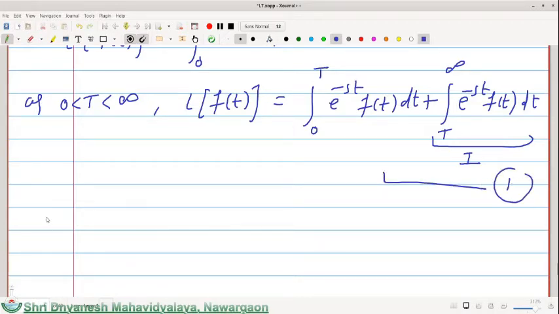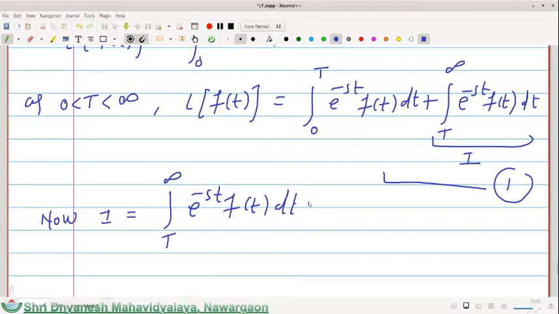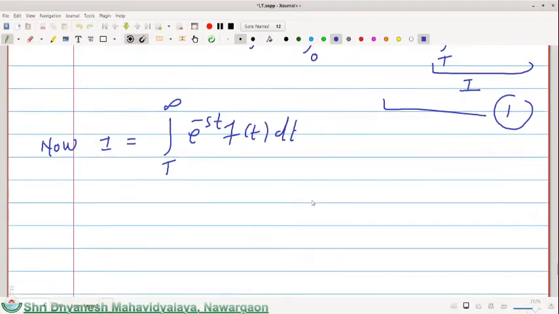Now I is equal to integration from T to infinity e to the power minus st f of t dt. Here we put t is equal to x plus T, which implies dt is equal to dx as T is constant. And what about limits?